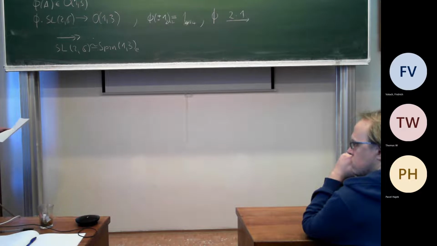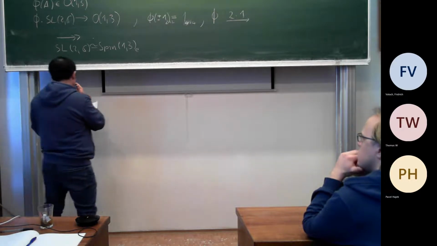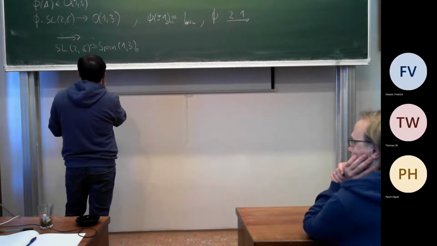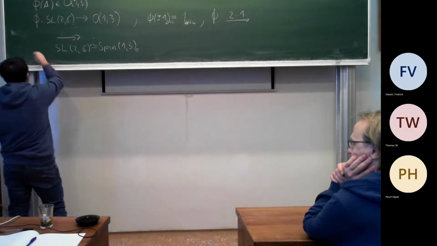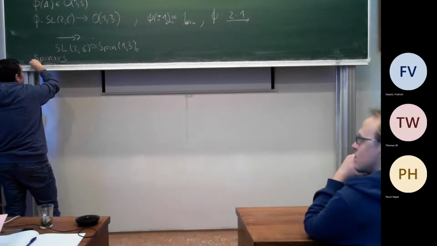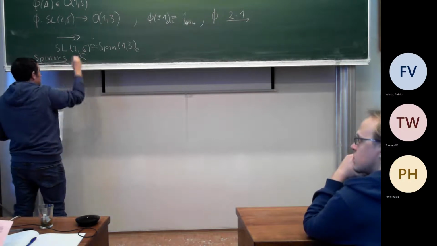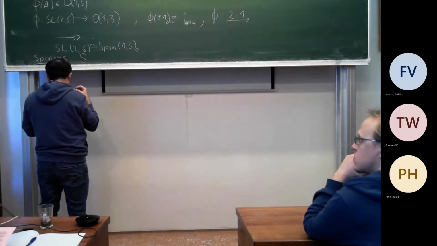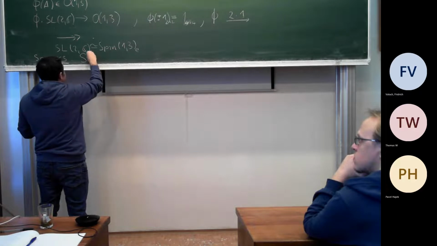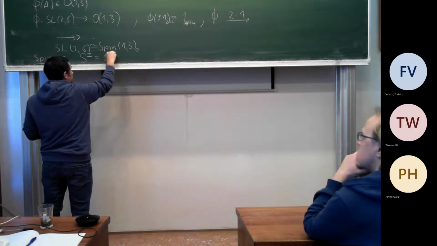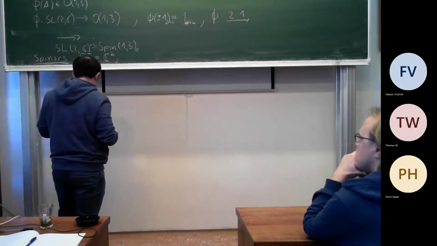So this can be used to define spinors. So definition: spinors. You will have two spinor spaces, S plus and S minus. Both of them will be isomorphic to C2, actually C2.